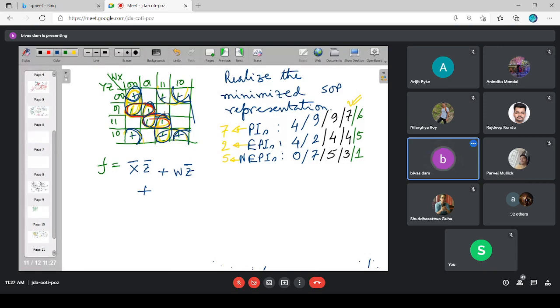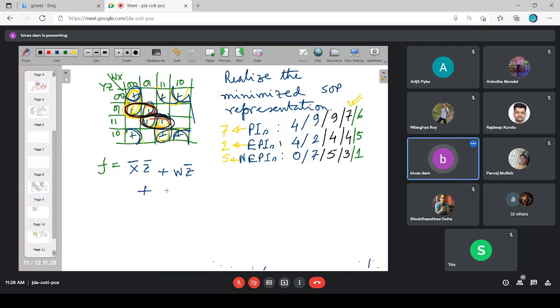There also our most judicious choice will be to first take this one and then take this one. So by inclusion of two non-essential PIs, I am covering all the four yet to be covered cells. That will be the most judicious choice here.